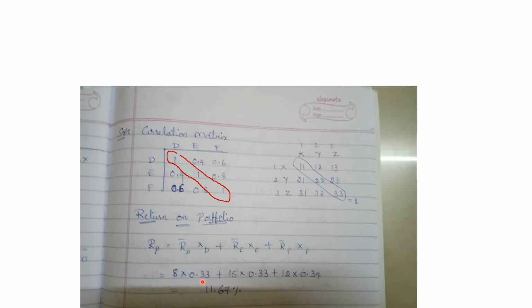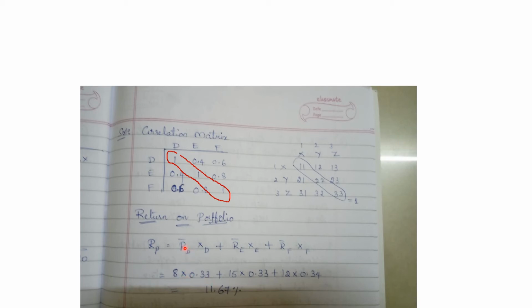In the question it is given that you have to find out the expected return and risk of the portfolio which consists of equal investment in each. So in each security you have to take the equal portion. So that is nothing but 0.33, 0.33 and 0.34. Right. That comes to 100%. This is in decimals. So here substitute the values.